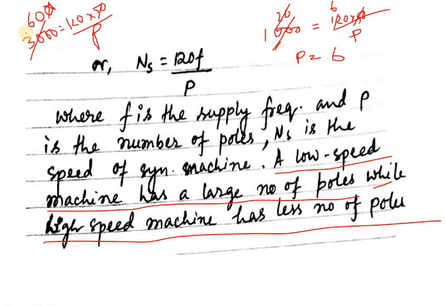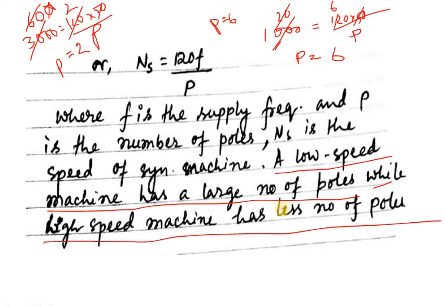Then the number of poles, in this case, will be 2. So here, when the speed is 3000, the number of poles is 2. When the speed is 1000, the number of poles is 6.